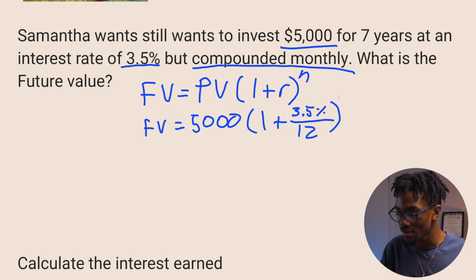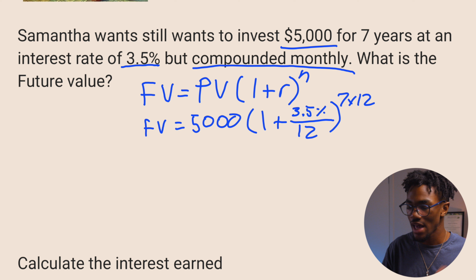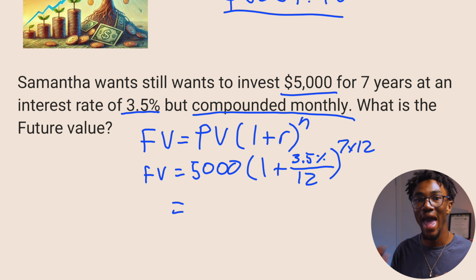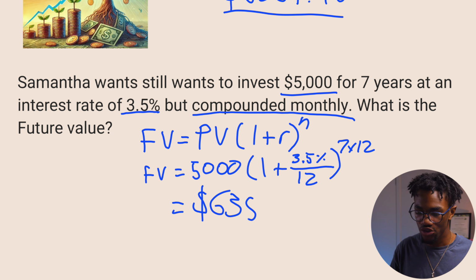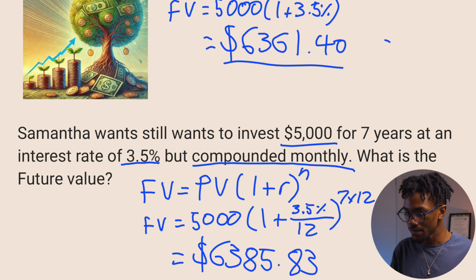How we're going to do that is 7 times 12. Put this in our calculator. And our end result is $6,385.83.